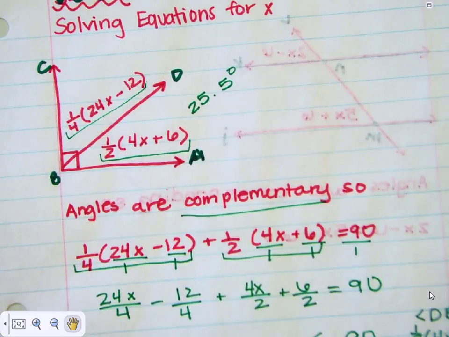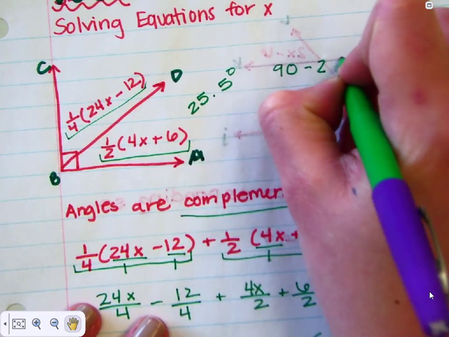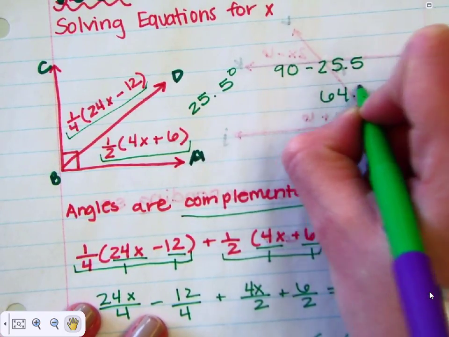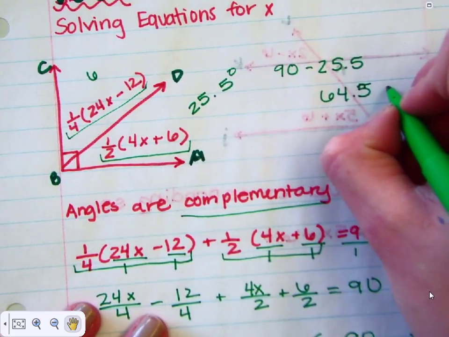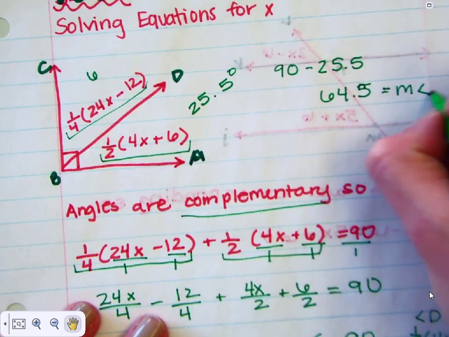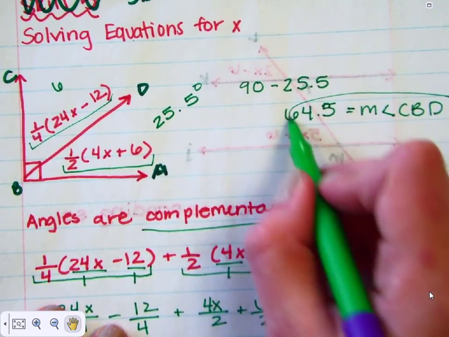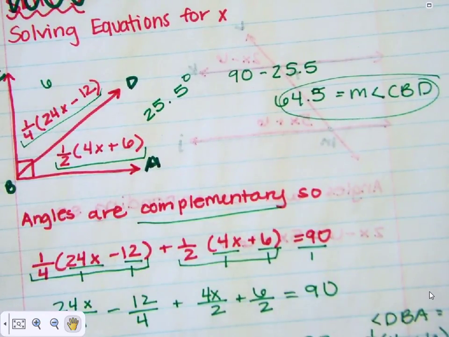I can just do 90 minus 25.5, and that will get me 64.5, which is actually the measure of angle CBD. So that is how I would solve for the angles given a relationship like that.